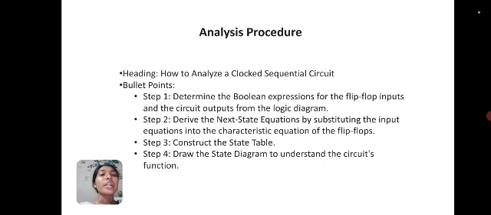Step 2: derive the next state equations by substituting the input equations into the characteristic equation of the flip-flop. Step 3: state table. Step 4: draw the state diagram and understand the circuit function.